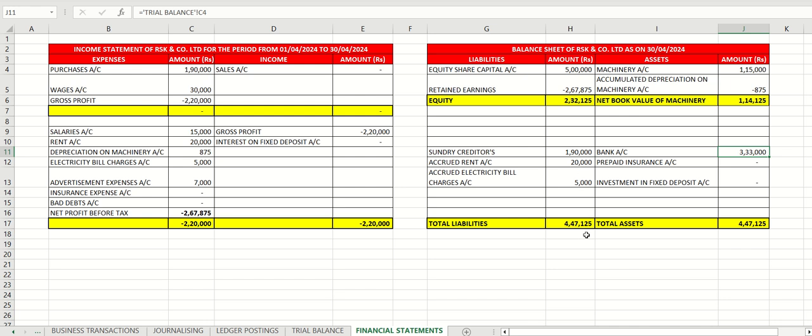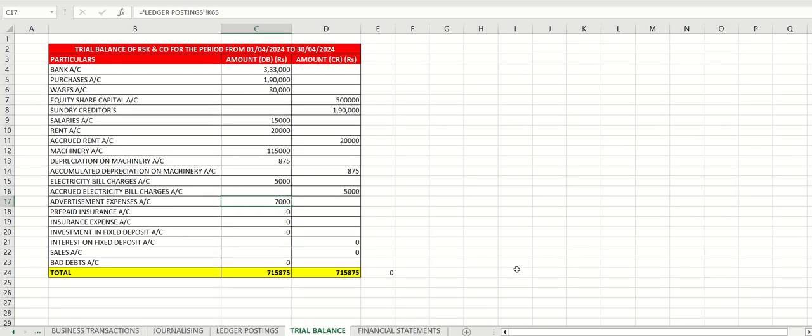The balance sheet should get matched up. There shouldn't be any discrepancy between the balances shown under the asset side and the balances shown under the liability side. The amounts should get matched up. Okay, got it. Hope this is clear. Now let's move to the next business transaction.